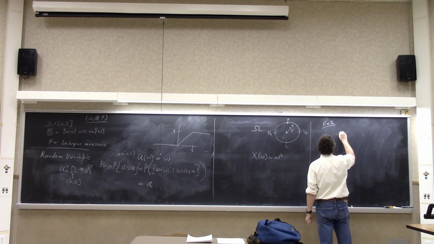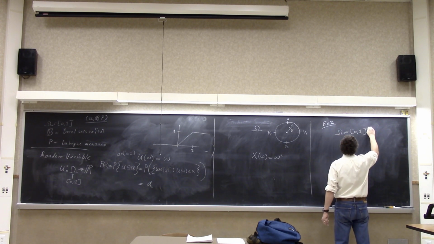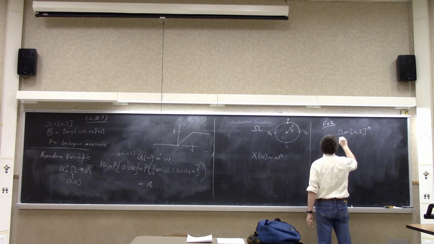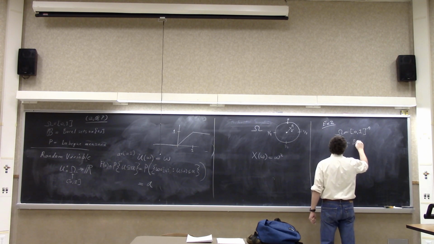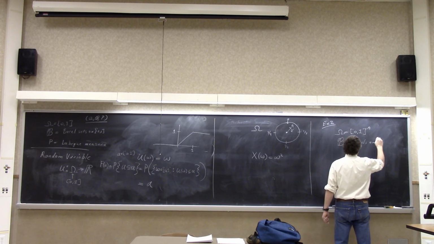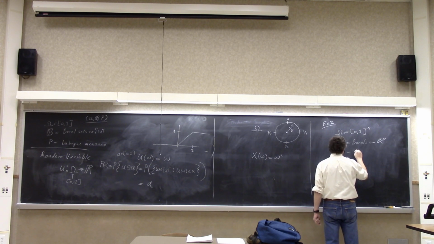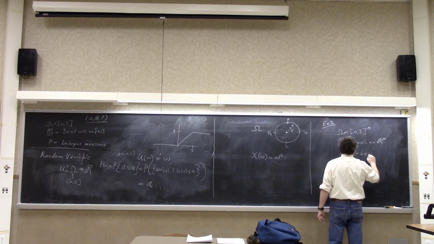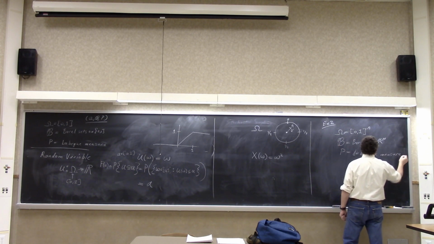So we would take omega to be equal to 0, 1 to the n, okay? And then we take the sigma algebra to be Borel on Rn, and then the probability distribution would be Lebesgue measure.